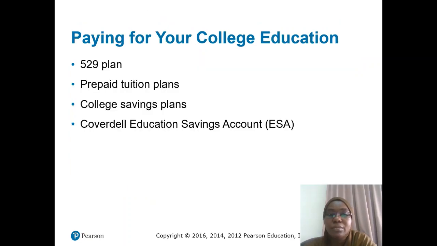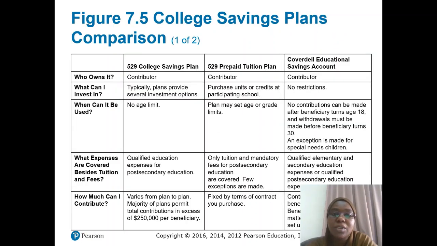Paying for your college education can be done via the 529 plan, via the prepaid tuition plan, the college savings plan, as well as the Coverdell Education Savings Account, the ESA. So here are the different savings plan comparison.